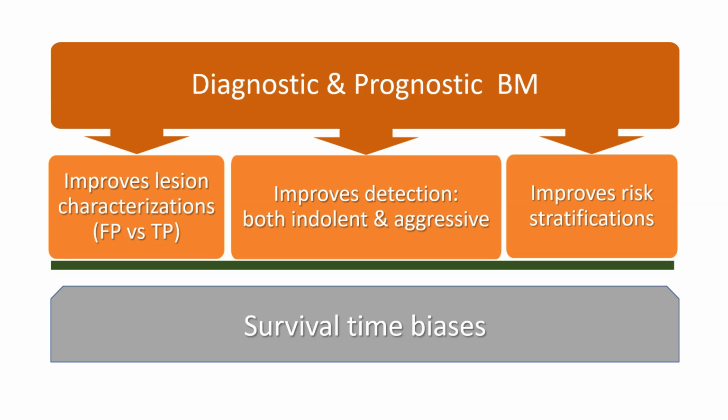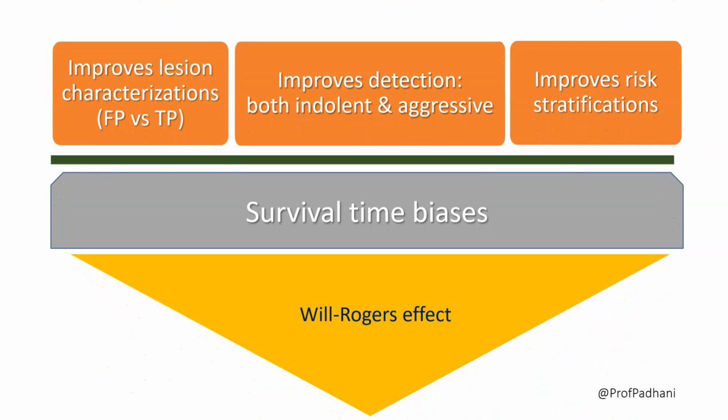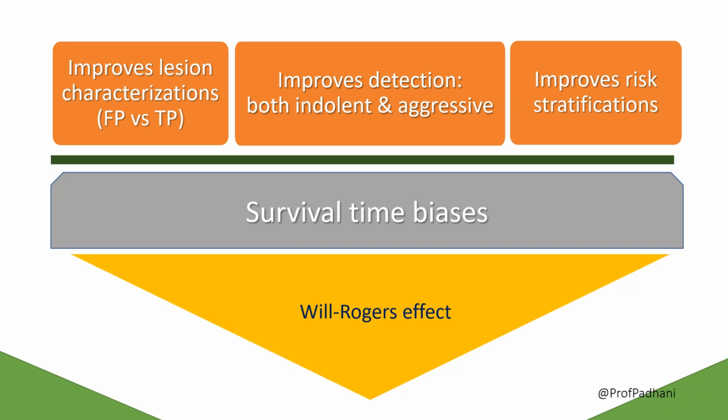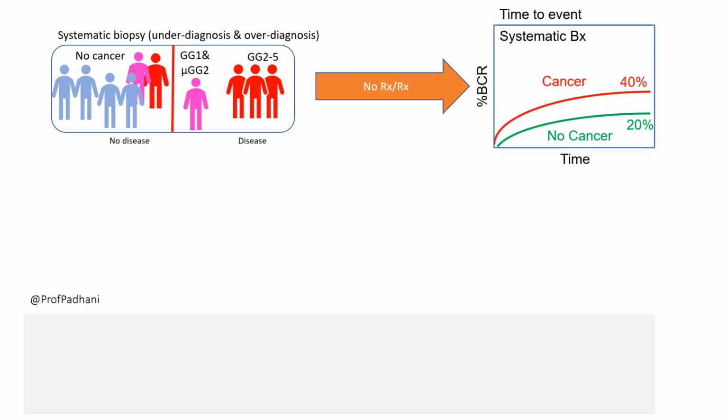By doing this, it actually introduces time biases. There are three types of time biases that we need to be aware of: the Will-Rogers effect and lead and length time biases. So let's start with the Will-Rogers effect.